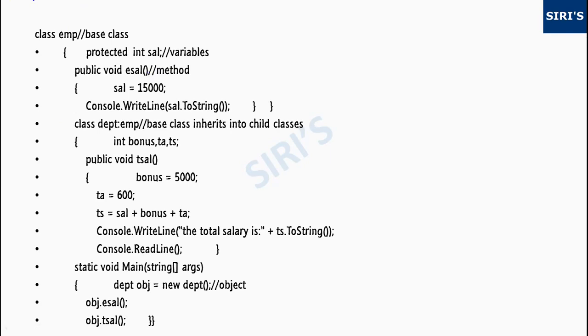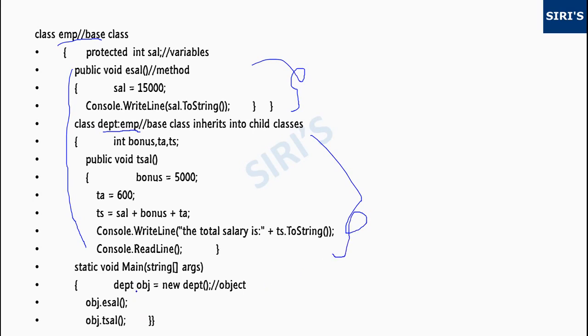If you see, the class is declared as the base class and the function and method are declared for that. The function for the base class is declared here, and then we declare the child class and inherit the base class into the child class, and we declare the function for that with Console.WriteLine.